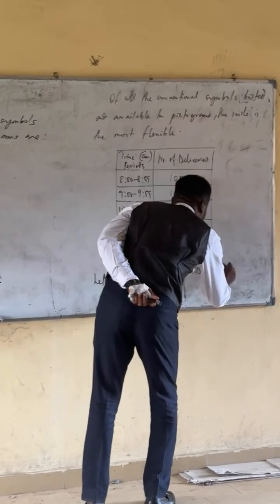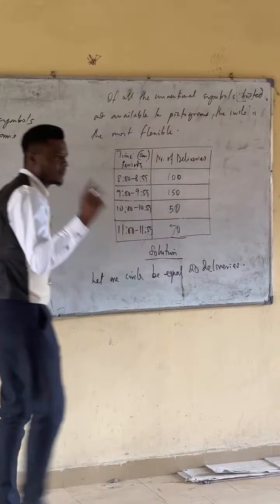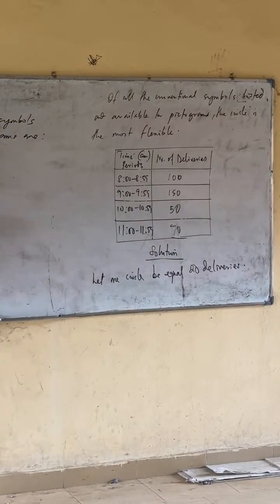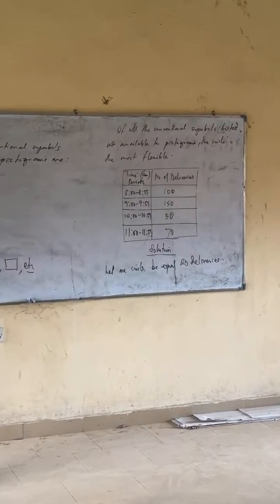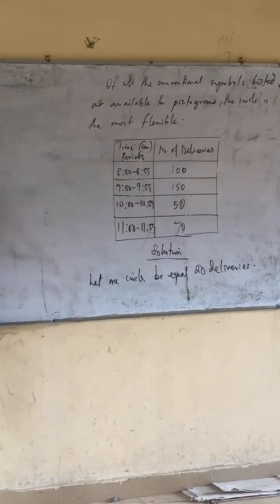You see it? Now, I'm going to explain why. If you say let one circle be equal to 20 deliveries, then the solution to your problem becomes this.